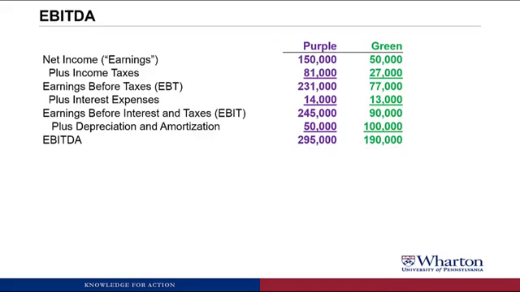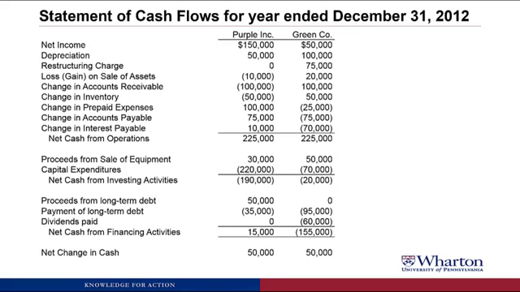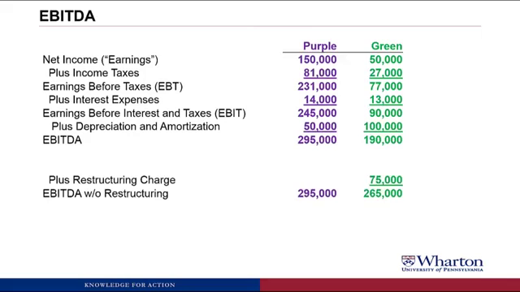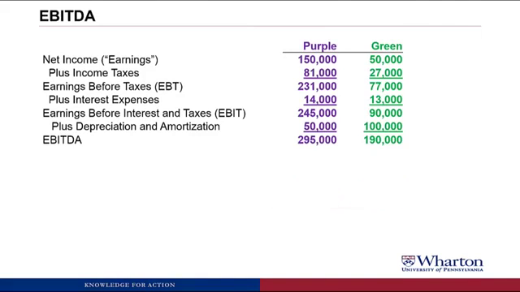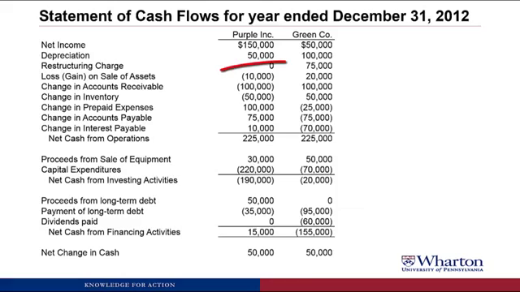Now, of course, if you think back to the cash flow statement, one of the things that Green had was a restructuring charge, which is a non-cash charge like depreciation that needs to get added back. So if we add back the restructuring charge so that we get EBITDA without the restructuring, now the two numbers are closer. Also, if we go back to the cash flow statement, they had different losses and gains on sales of assets.